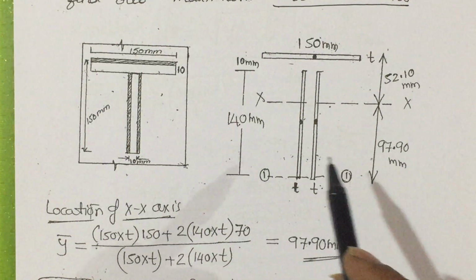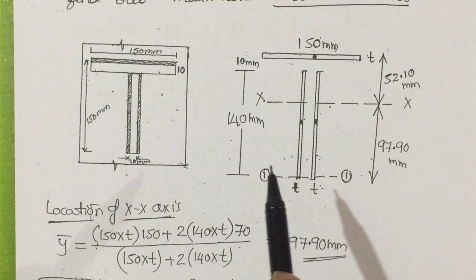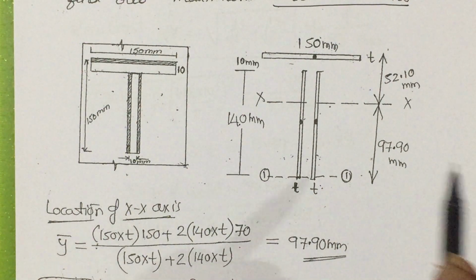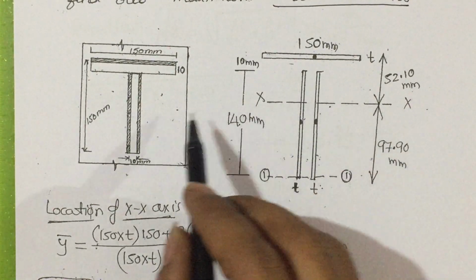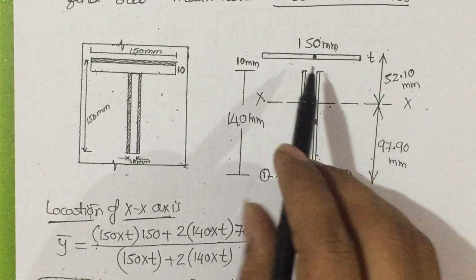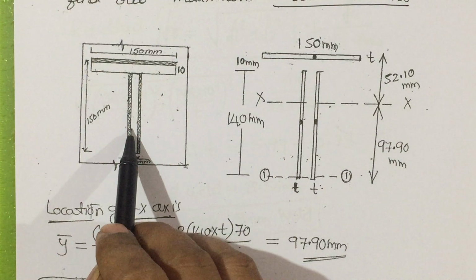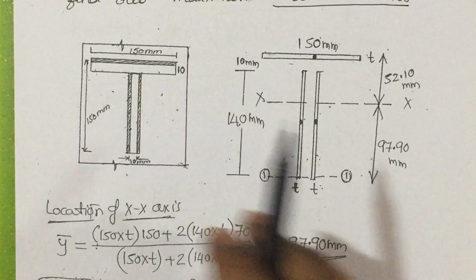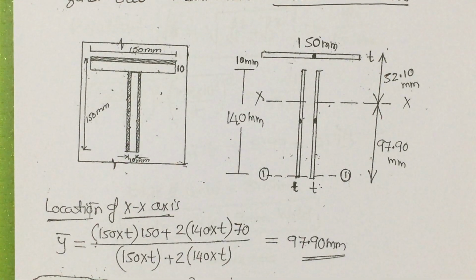Then we need to check for symmetry. If you draw a horizontal line at the center as the x-axis, it is unsymmetrical. Top and bottom portions are unsymmetrical, so we need to find y bar.